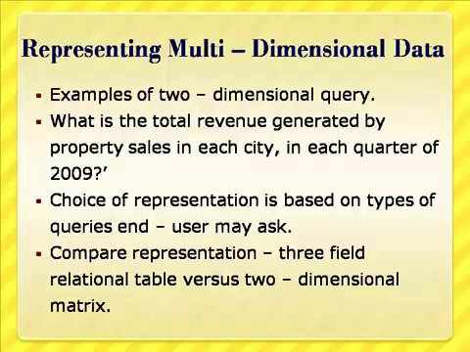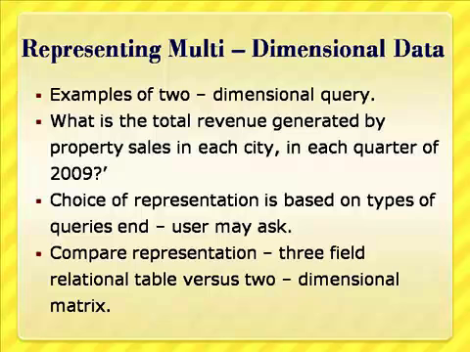But the choice of representation is always based on the types of queries the end user asks. So there are 2 different kinds of representations: array-based representation and tabular representation. Now if you observe the table representation, to represent all the sales in each city for each quarter in the year 2009, we need 3 columns. The first column is for city values, the second column is for quarter names, and the third column is for storing the measure.